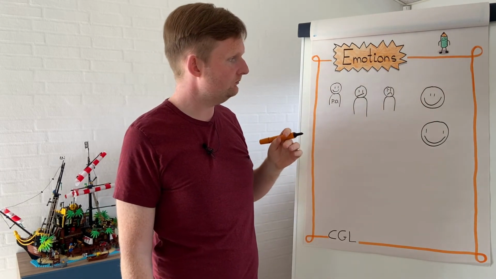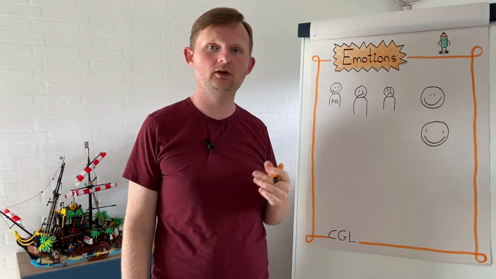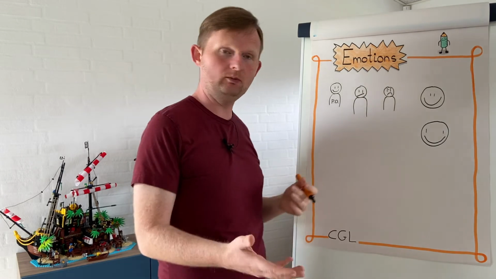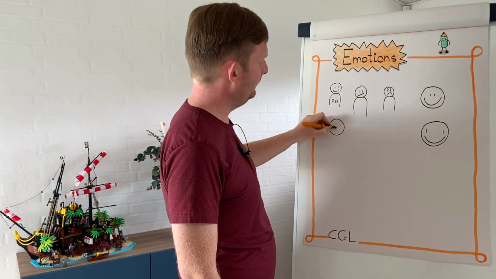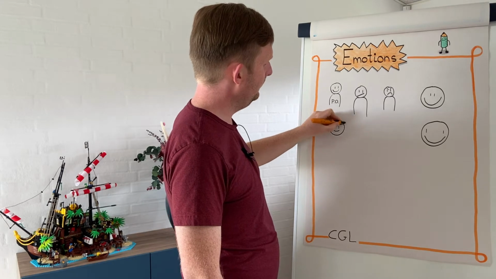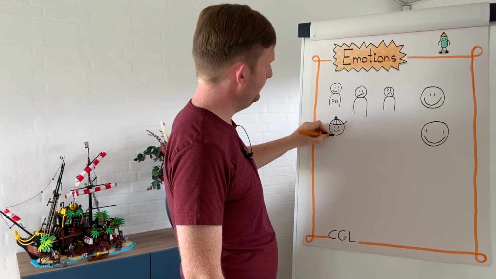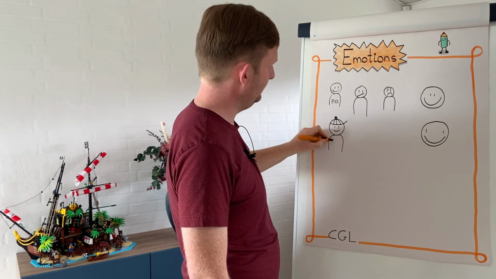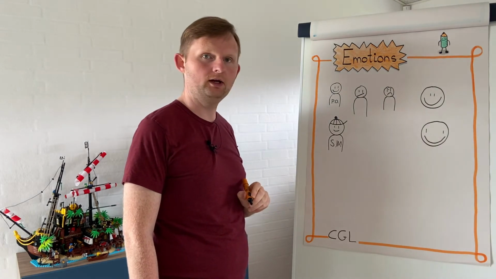And building up this muscle memory of how I draw a specific person. For instance, if I'm to draw a scrum master, I often do like this, and then two eyes, a mouth, and a cap to say that's my scrum master. And then I might do something like this to make it clear that this is a scrum master.